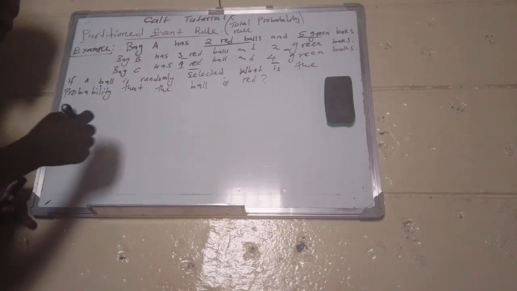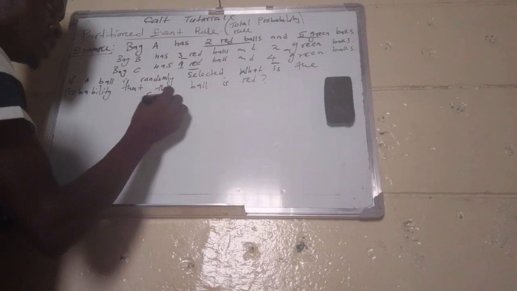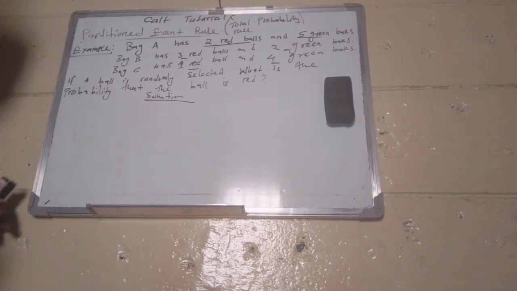We have to understand that picking the probability of red would be difficult because I'm looking at red in bag A, bag B, or bag C. So this principle is brought into the total probability rule, also called the partitioned event rule, where the total sample space has been divided into 3 parts: bag A, bag B, and bag C.